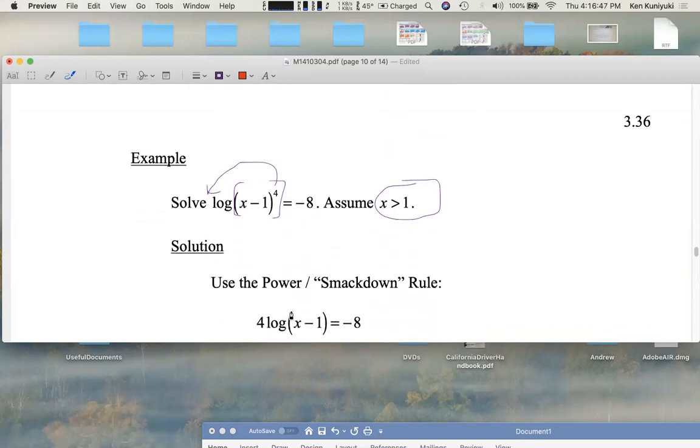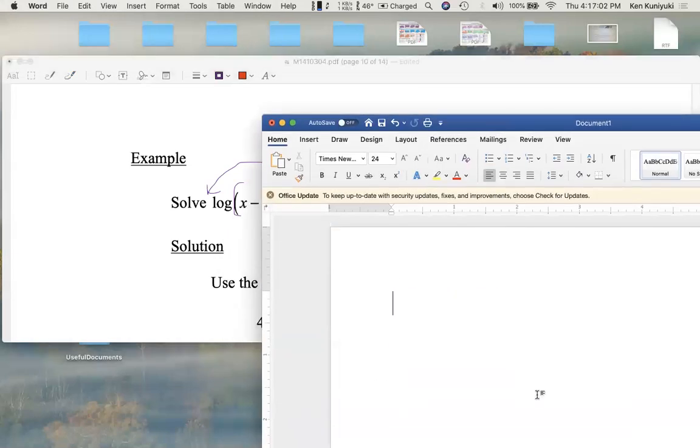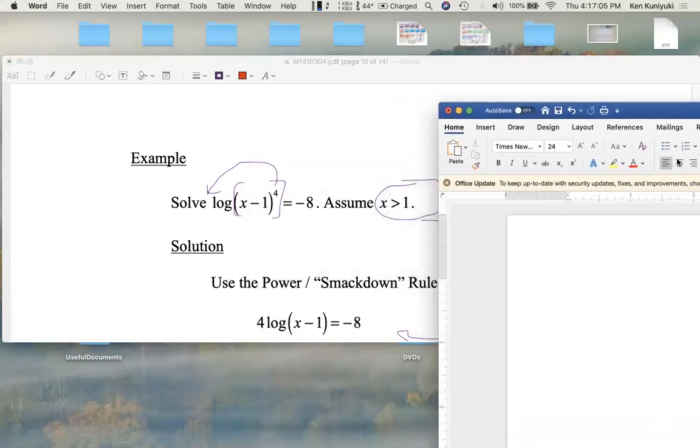4 times log of x minus 1 equals negative 8. Now here's where this assumption helps us out. Because we know that we're dealing with x minus 1 here.